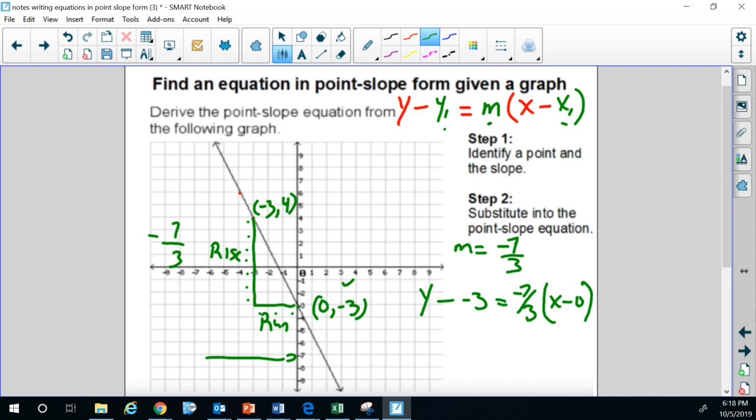Let me simplify that. The minus minus gives me a positive, so I can write it as y plus 3 equals -7 over 3. X minus 0 is just x, so I can just write that as x.